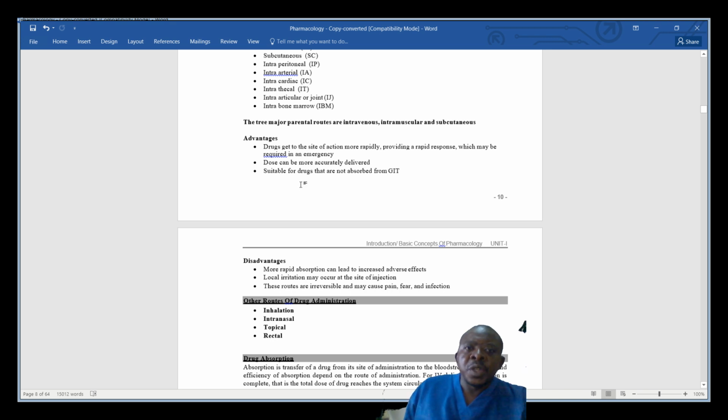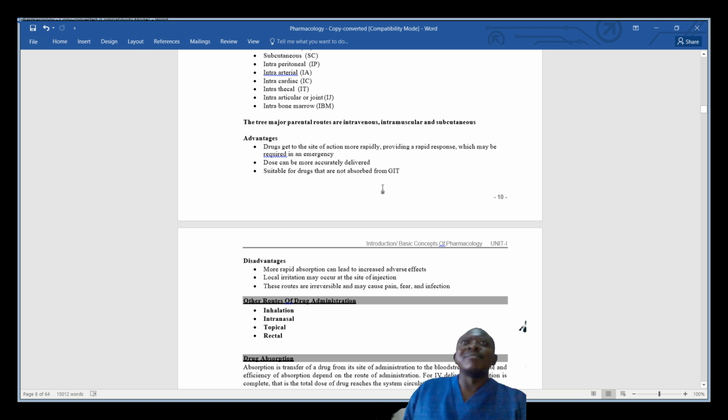Then suitable for drugs that are not absorbed from the GIT or the gastrointestinal tract. When you give the drug parenterally, it will be suitable because this drug, if it was given in the GIT, can easily be destroyed by hepatic metabolism.